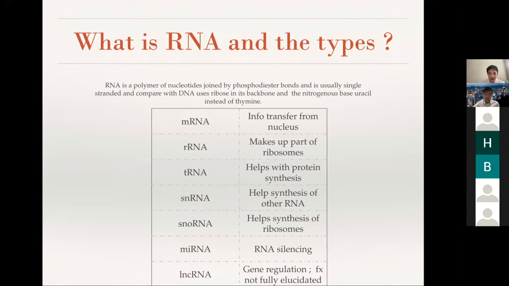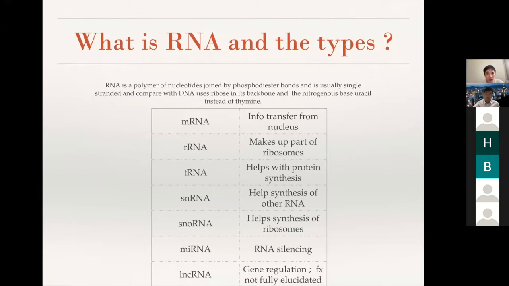These are RNA molecules of roughly 150 nucleotides long, and they stay inside the nucleus and help with the synthesis of other RNA molecules. One such role includes playing a part in the spliceosome, transforming pre-messenger RNA to messenger RNA.